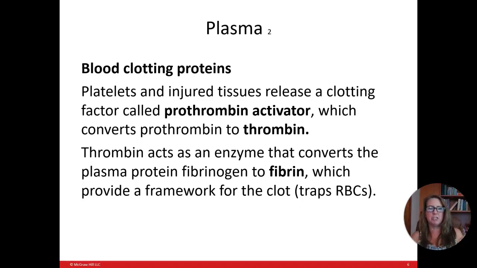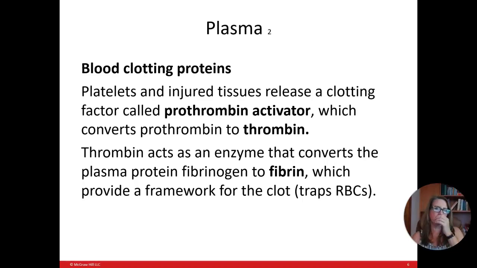So as I mentioned before, when you injure your skin, so let's say you're cutting up an apple, or maybe you're out doing some weeding and you got into some briars, or rose bushes that have thorns, and you've certainly scratched yourself. Well, that injured tissue, when cells are damaged, they sound this chemical alarm. And that chemical alarm is going to bring clotting factors to the area.